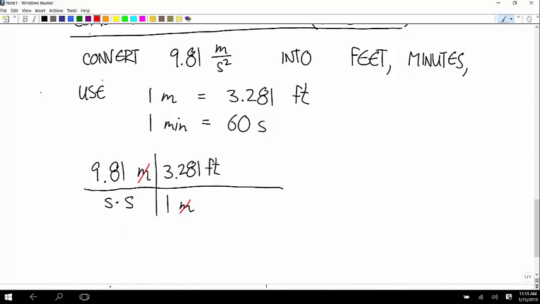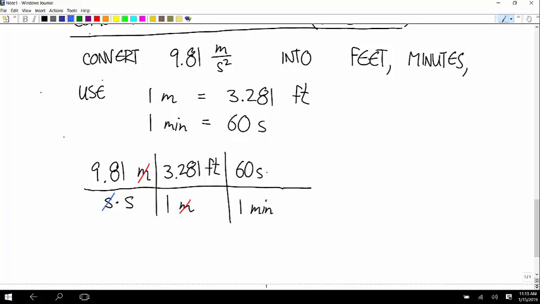We still have the seconds times seconds, so we have to deal with that now. So first I'm going to do this first second. 1 minute over 60 seconds or 60 seconds over 1 minute. To cancel these seconds in the denominator, we need the seconds in the numerator with what we're multiplying by. 60 seconds over 1 minute.